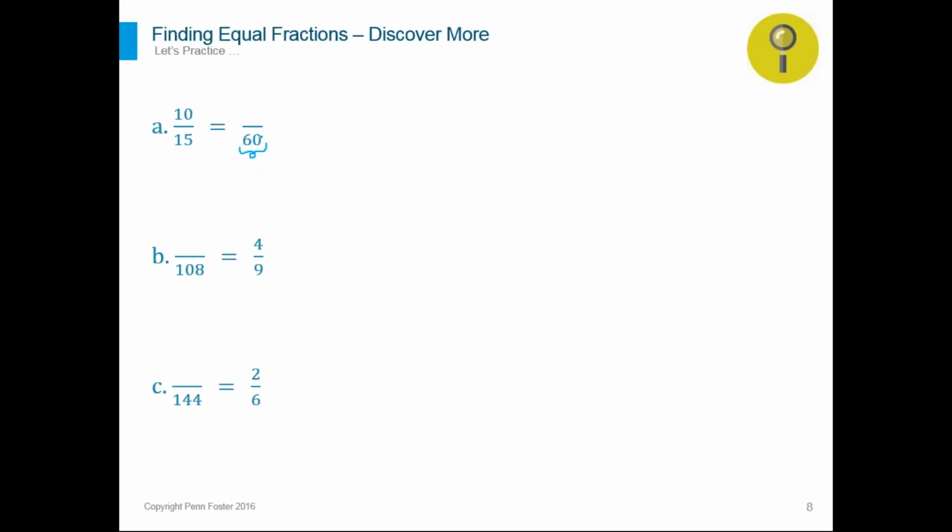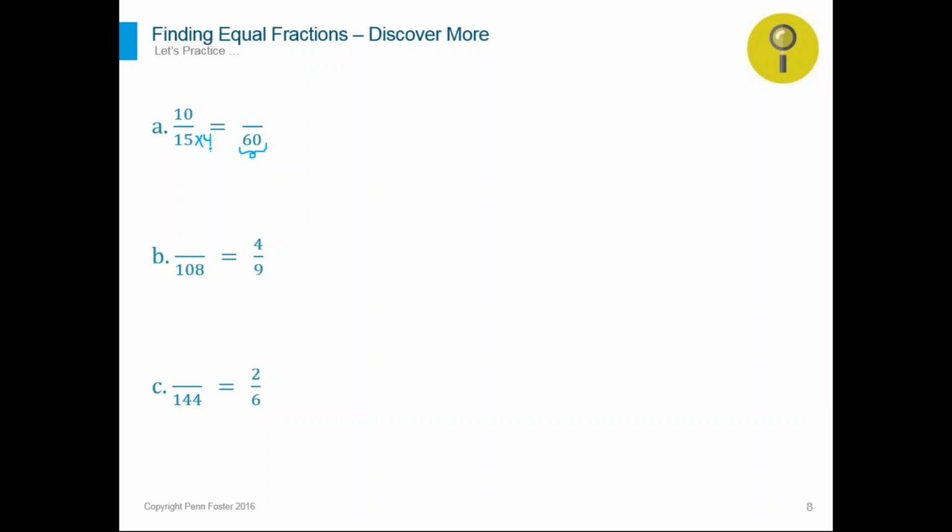So what is that factor? What number can I multiply 15 by that will give me a 60? What do you think? It's 4. You may ask me, how do I know it's 4, not 6, for example? You can use your calculator. You can figure this factor out by dividing.